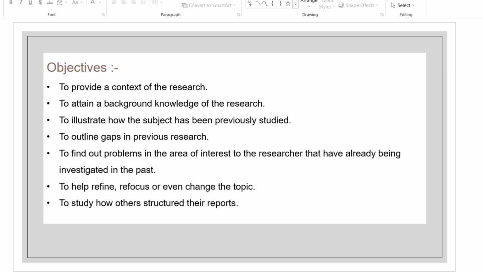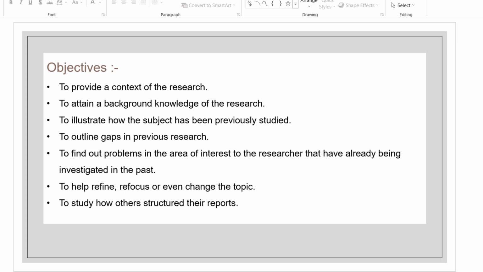The objectives of review of literature include to provide a context of the research, to attain a background knowledge of the research, to illustrate how the subject has been previously studied, to outline the gaps in the previous research, to find out problems in the area of interest to the researcher that have already been investigated in the past. Another objective is to help refine, refocus, or even change our topic.